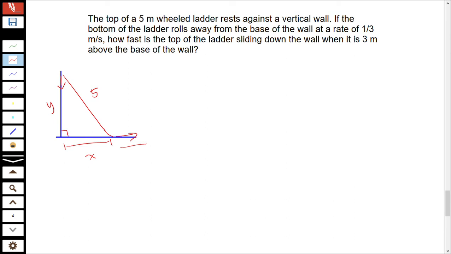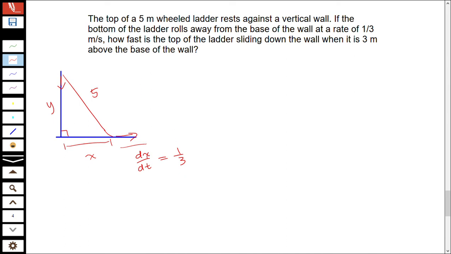And they say the bottom of the ladder is rolling away at a rate of 1/3 meters per second. So how can I convert that into a mathematical equation? So they're saying the change of x every second is going to be 1/3. So the change of x, how do I represent that? It's going to be dx over dt. So x is changing at 1/3 meters per second.